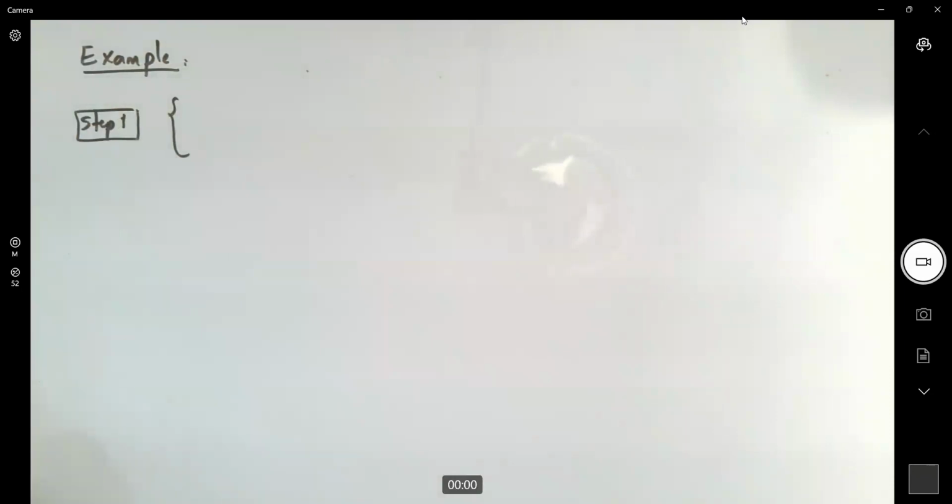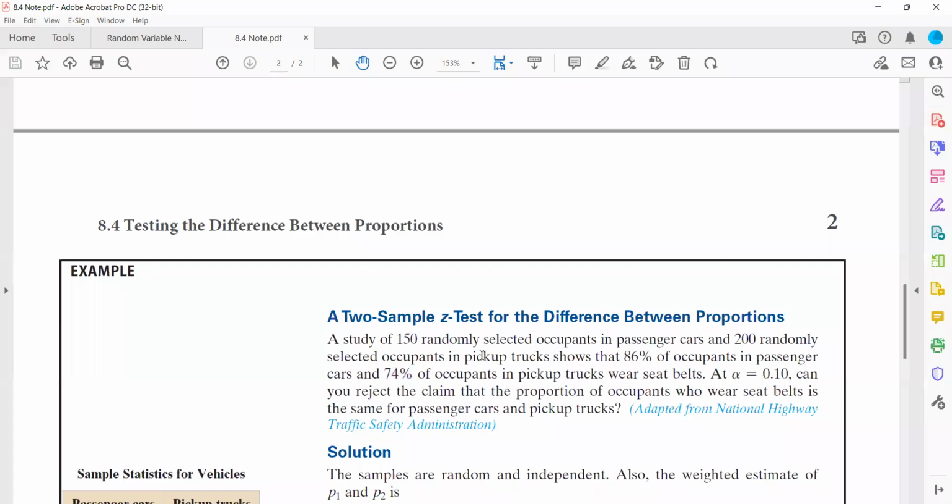So, what is the keyword? Let's take a look at our example here. It says a study shows that 86% and 74% wear seat belts. Okay.